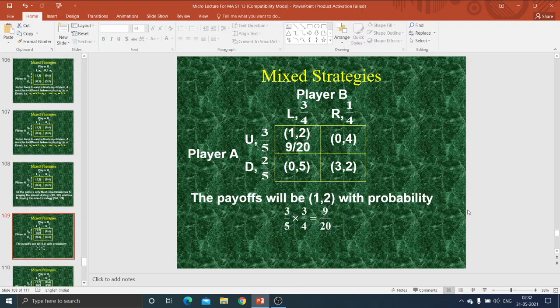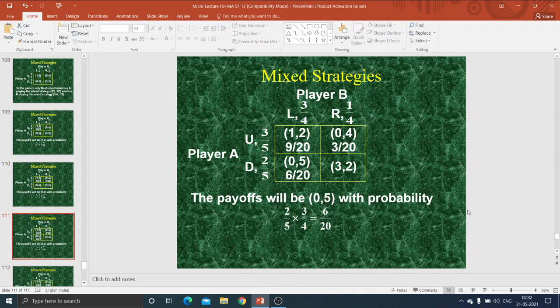So now you have two strategies. If that is the case, the payoff will be (1, 2) with probability 3 by 5 times 3 by 4, which is 9 by 20. The payoff will be (0, 4) with probability 3 by 5 times 1 by 4, which is 3 by 20.